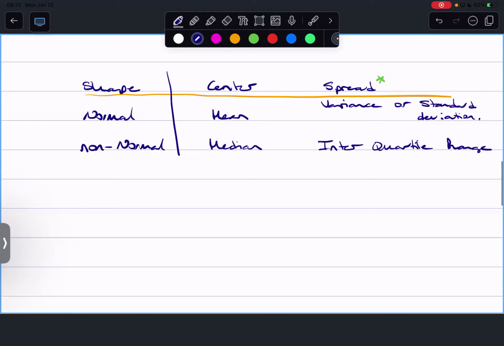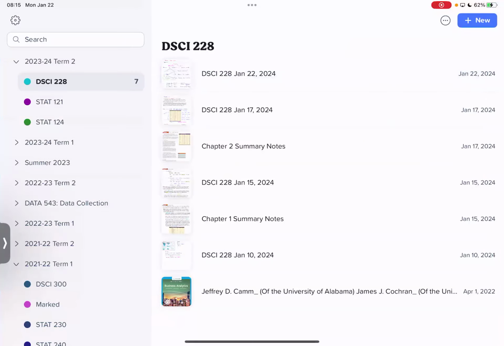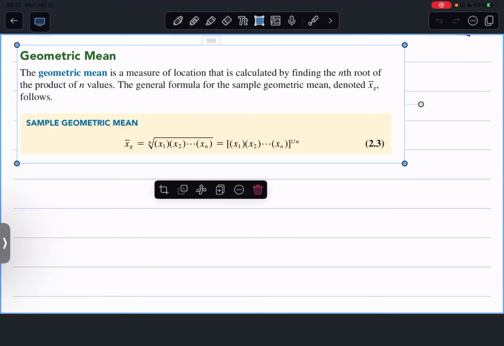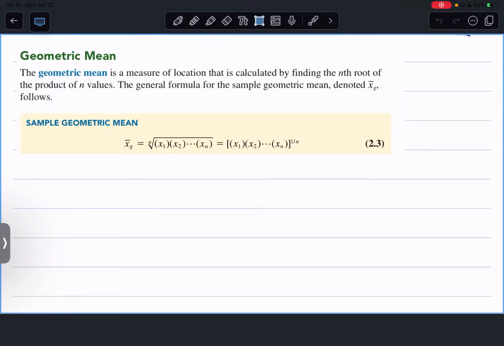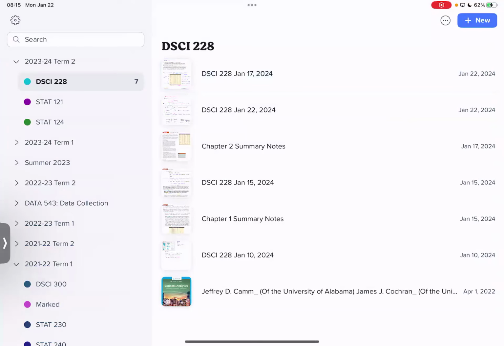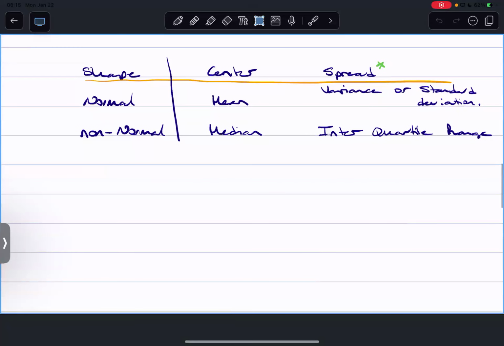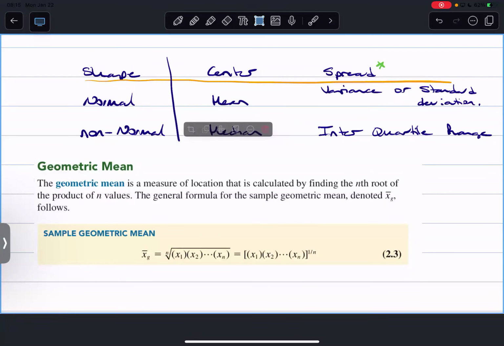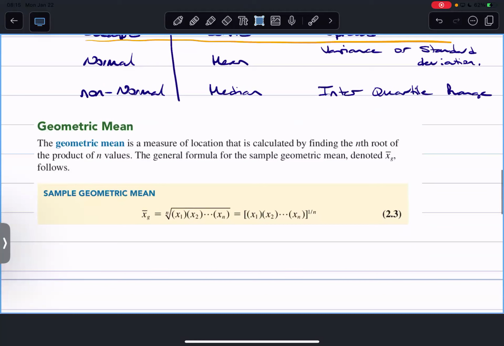We ended on the geometric mean. I said off the top of my head I can't remember when we use it, but I should have just trusted my gut.